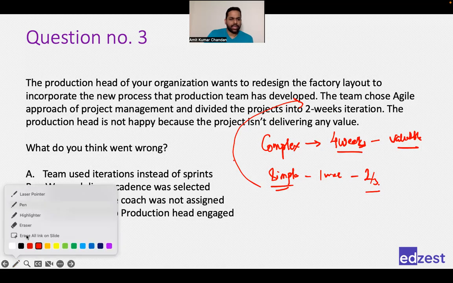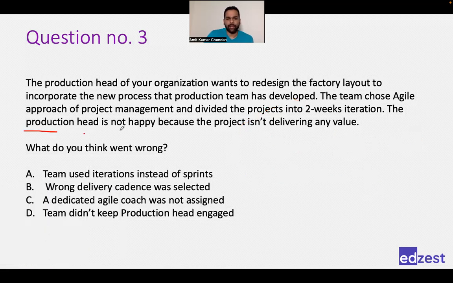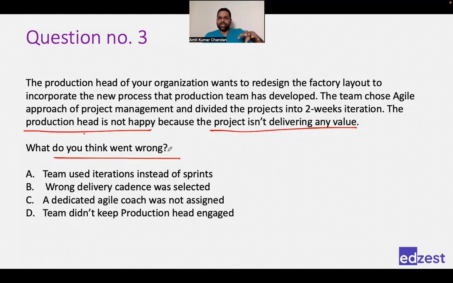See, the question is the production head is not happy because the project isn't delivering value. And ultimately the question is, what do you think went wrong? So the question is not asking why production head is not happy, because we already know that. Production head is not happy because the project is not delivering any value.